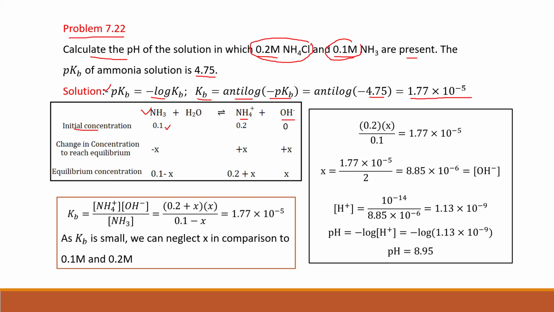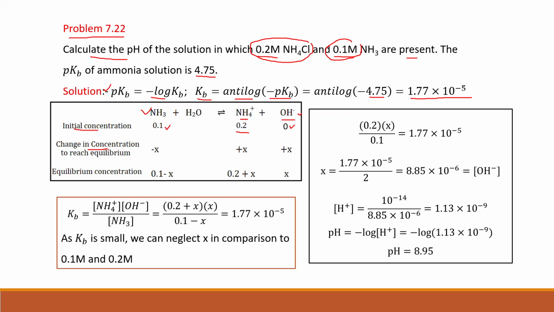So concentration of NH4 plus ion is the same as that of concentration of NH4Cl. So this one concentration of NH4 plus is also 0.2, and when no dissociation is taking place, no ionization is taking place, the concentration of OH minus ion is 0.